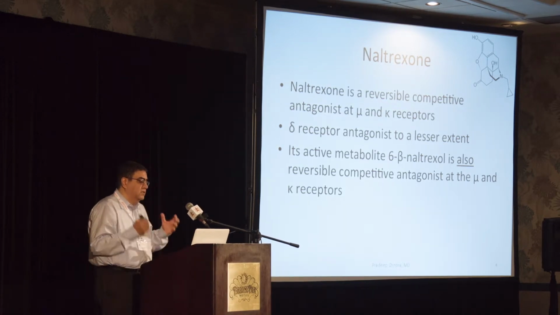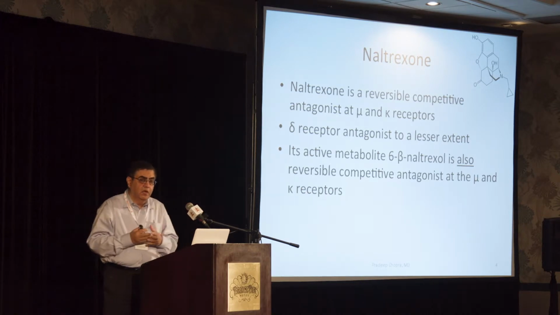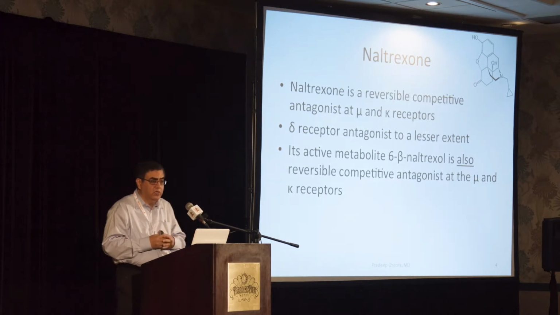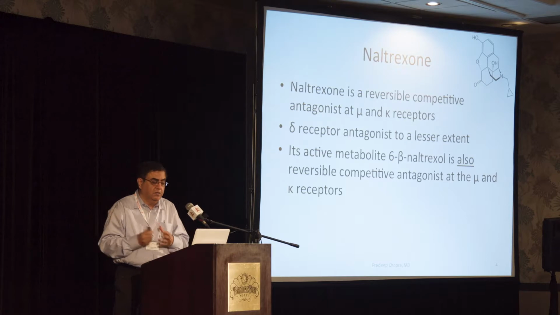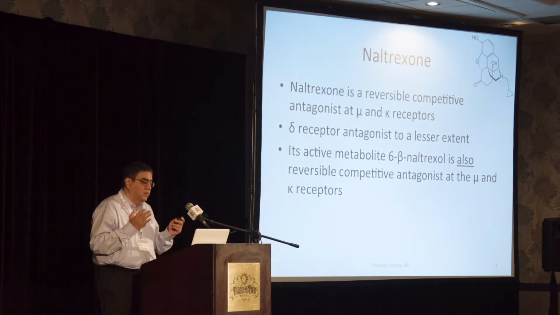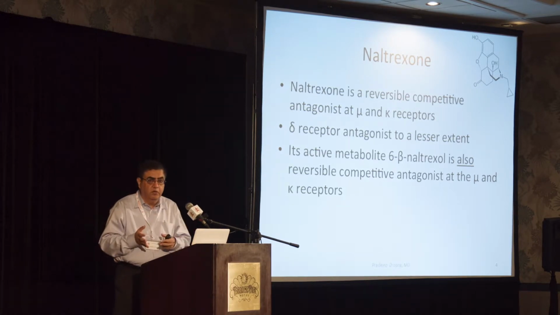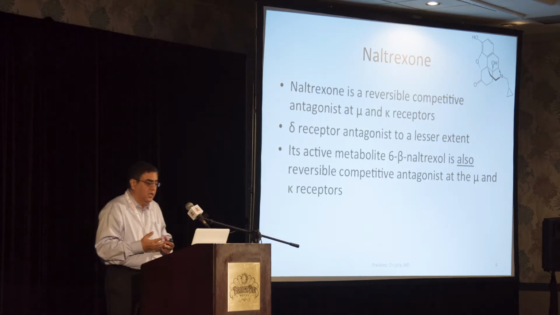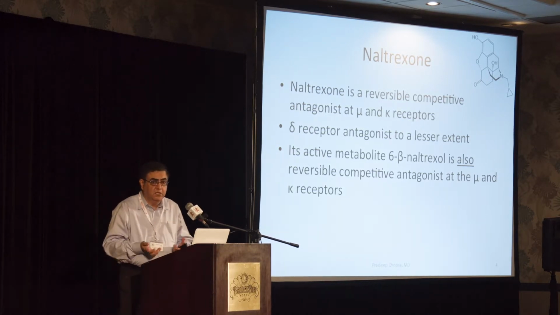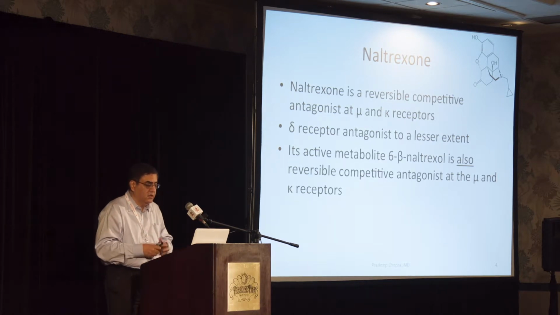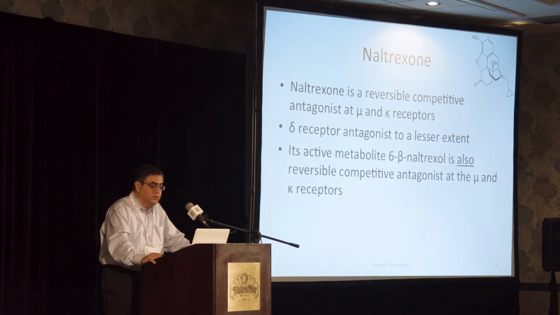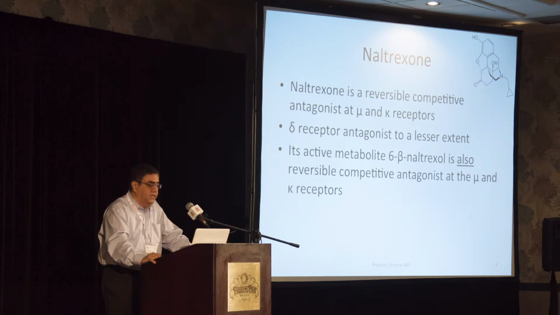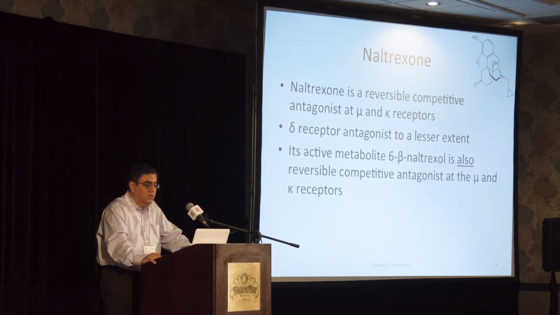What that means is that all drugs in our body work as a key and a lock mechanism. So every key fits into a specific keyhole, and then that opens up a lock. And if you put a dummy key into that keyhole, then the lock does not get unlocked. Naltrexone is one of those drugs that works on a keyhole called the mu receptor and the kappa receptor.